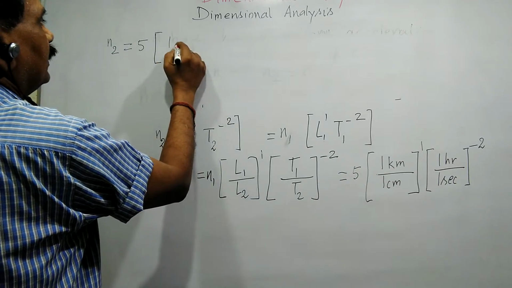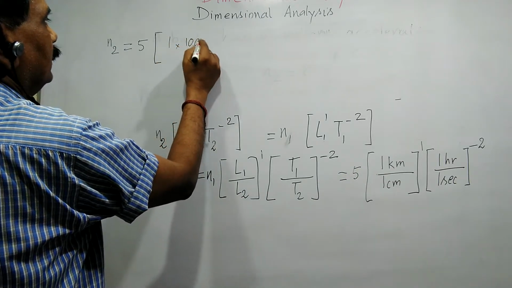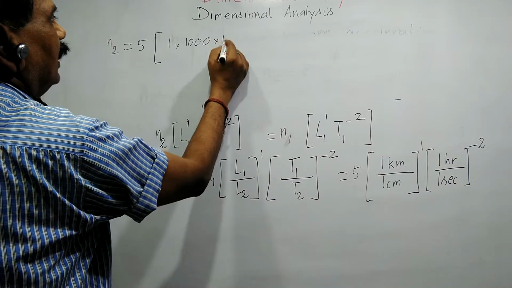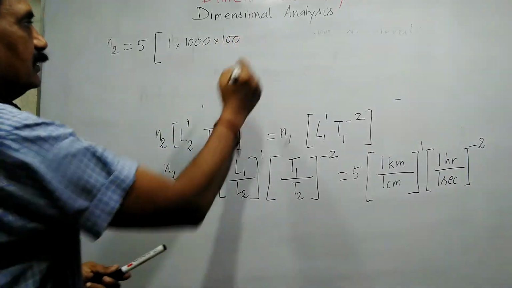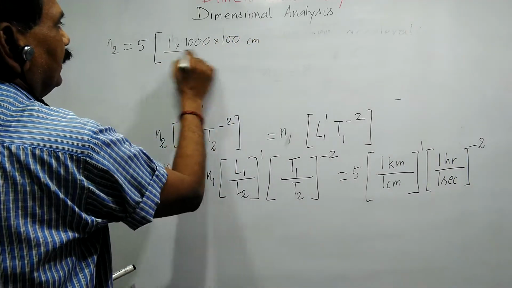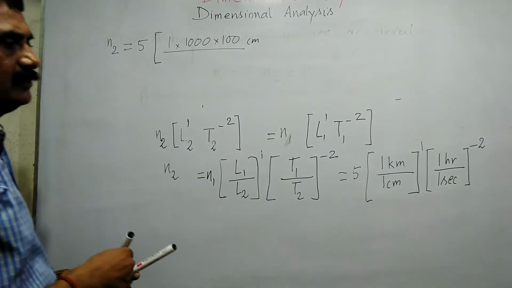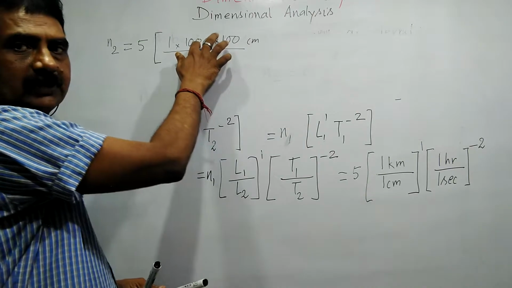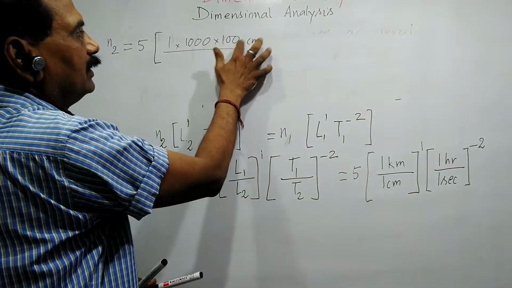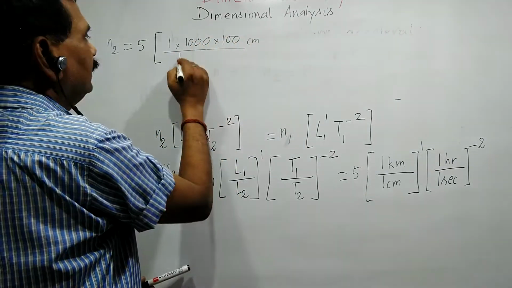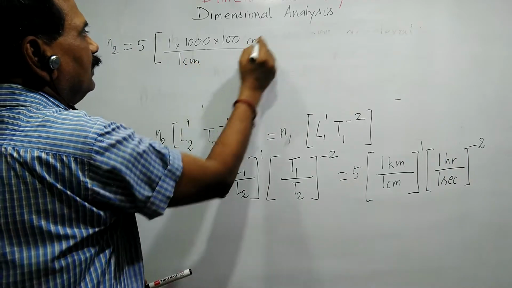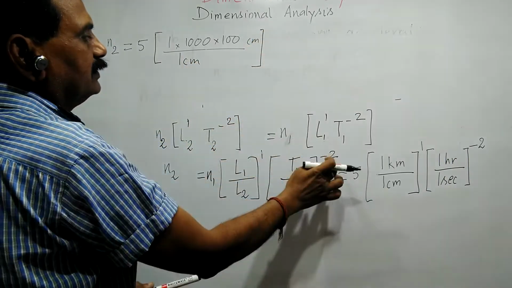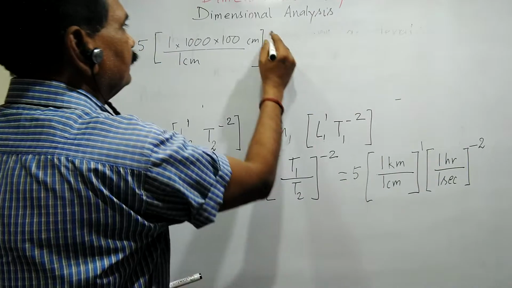Then 1 kilometer equals 1 into 1000 meter into 100 centimeter, and this one is 1 cm, and the power is 1.